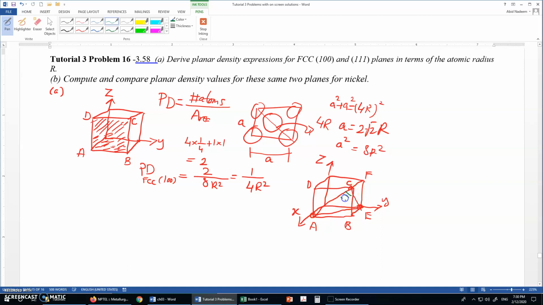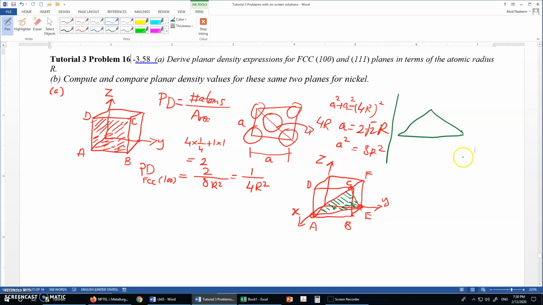As you can see, this is a cubic structure, so all three sides will be equal. If I want to find the length of this side, it will be a squared plus a squared. Let me draw this plane over here.